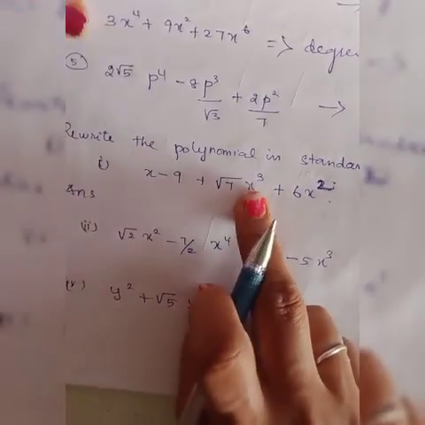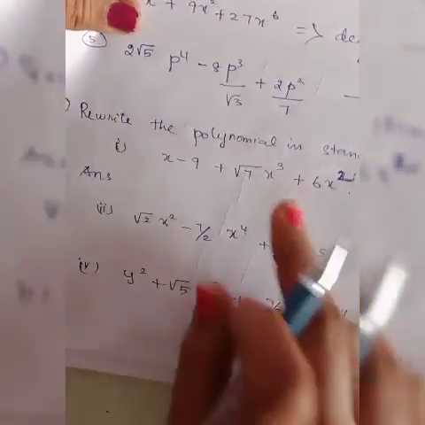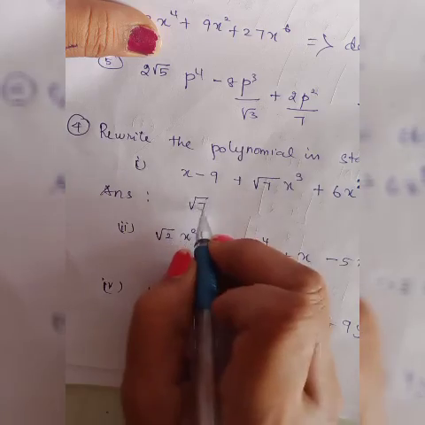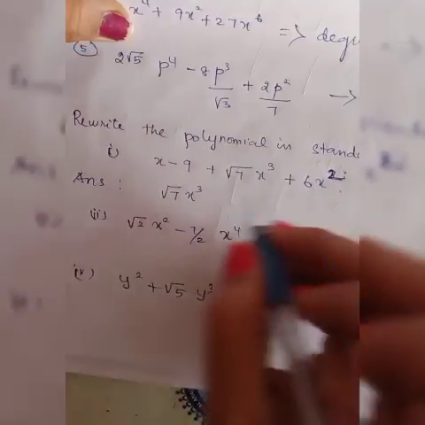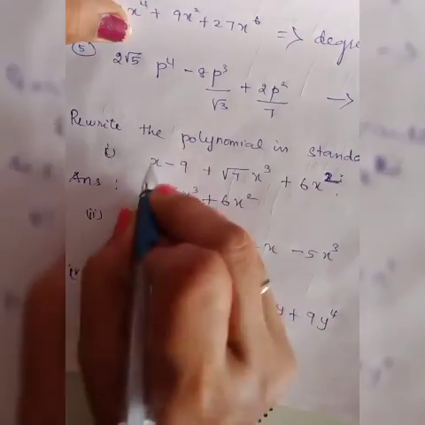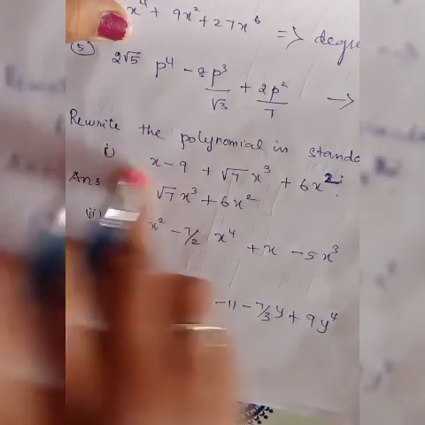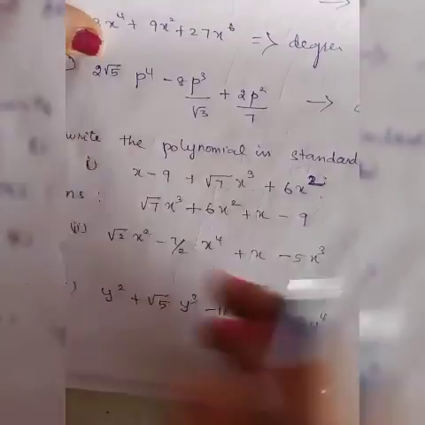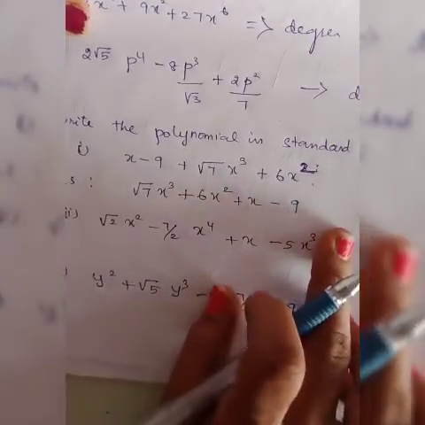Here the highest power is x cube. So I write the root 7 x cube term first, then the x square term next, then the x term with a positive sign, and finally the constant term. This is how we rewrite the polynomial in standard form.